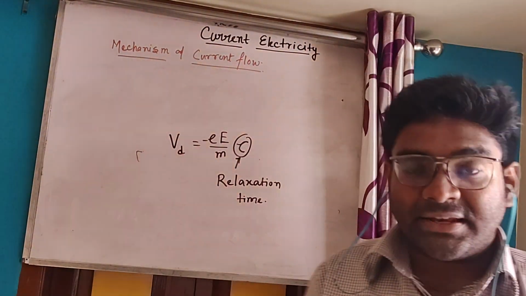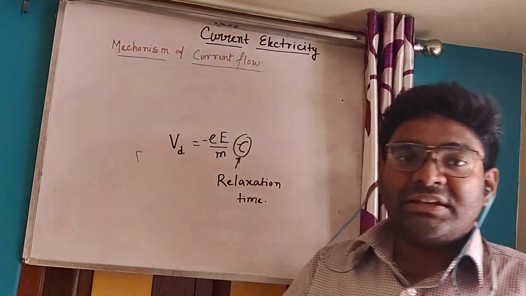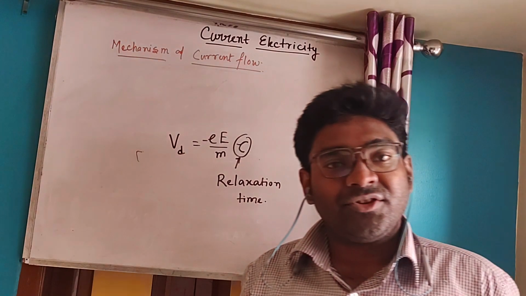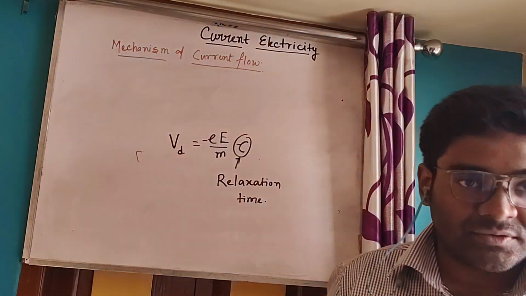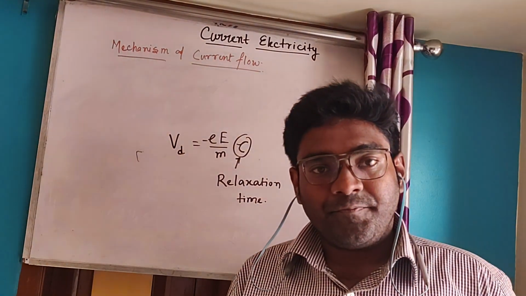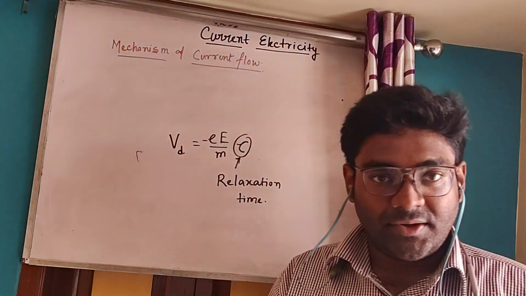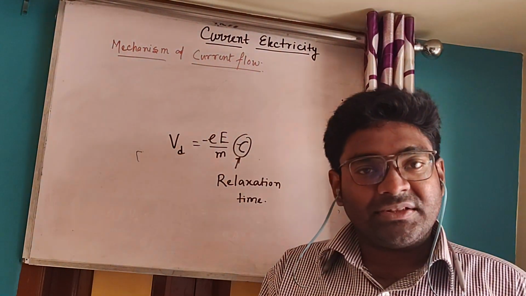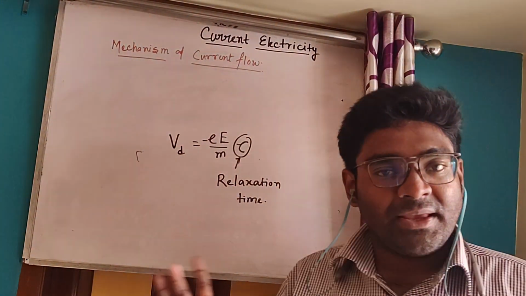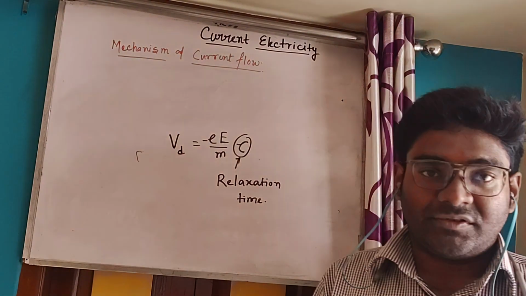And I have said that though the electron is under an electric field, and due to this electric field the electron is experiencing a force, this drift velocity is a uniform velocity. Though the electron is under force, the velocity attained by the electron is a uniform velocity. Why?